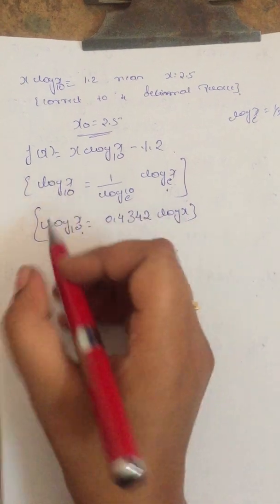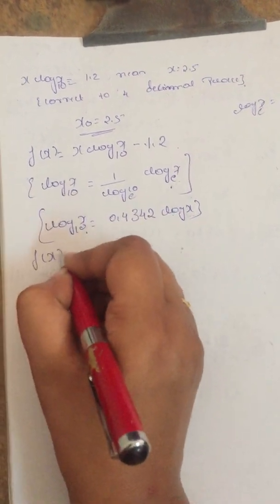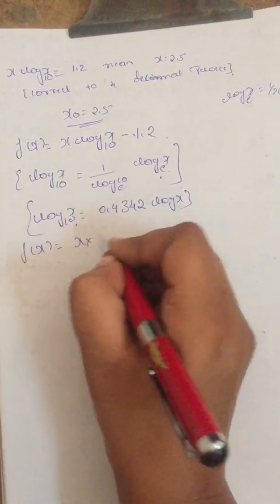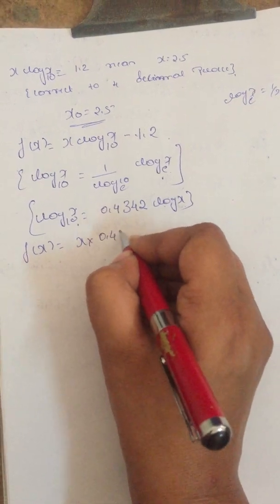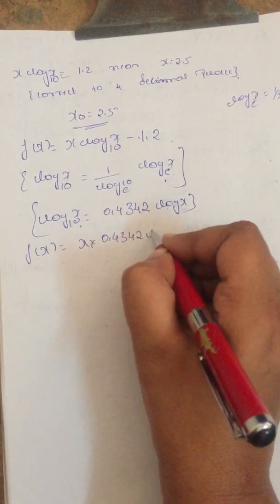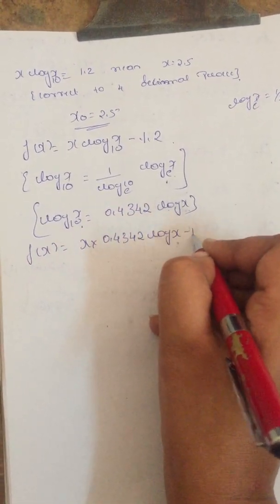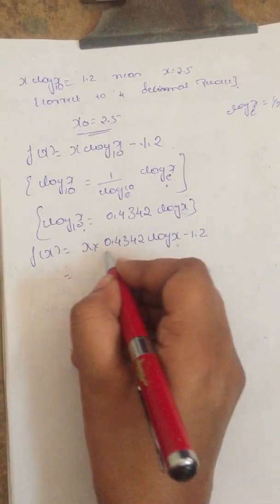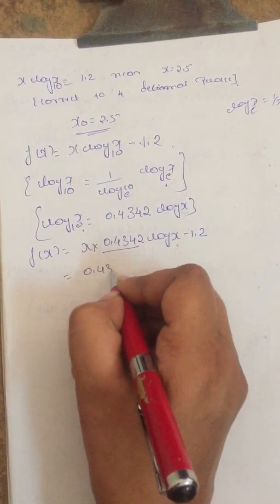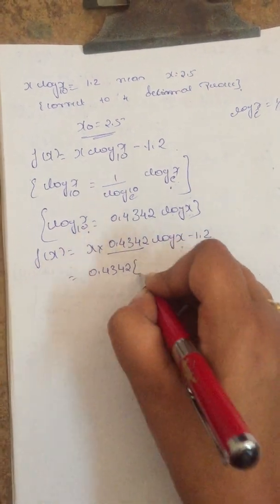So f of x, which is x into log x base 10, can be written as 0.4342 into x log x minus 1.2. Here 0.4342 is the common factor.